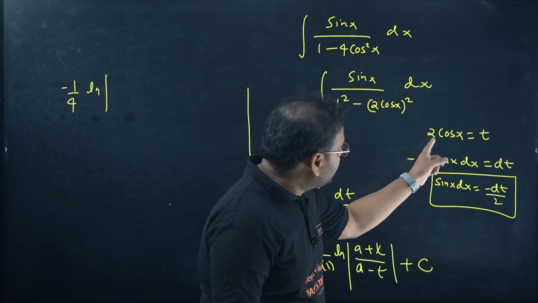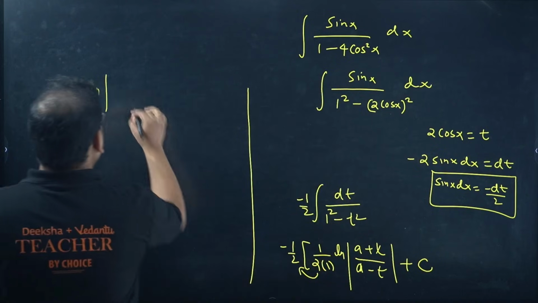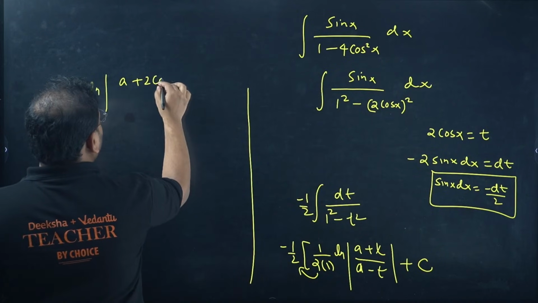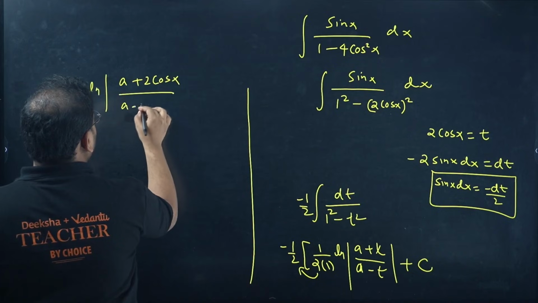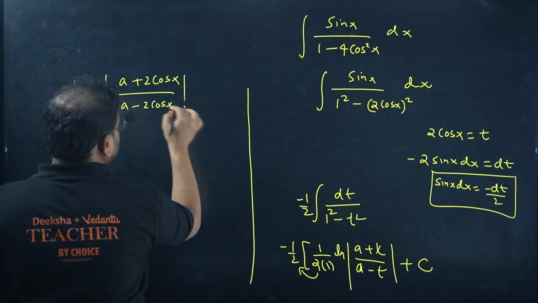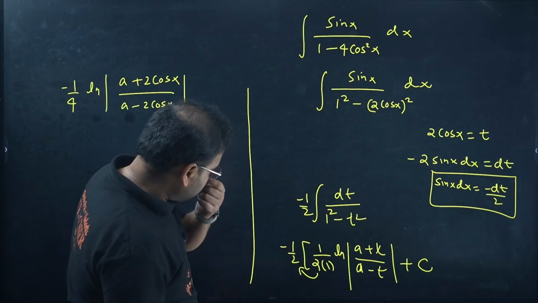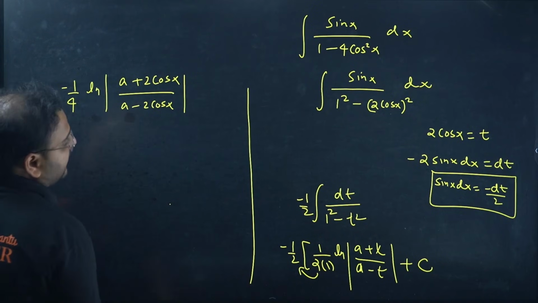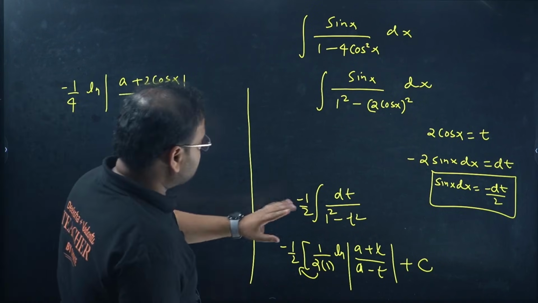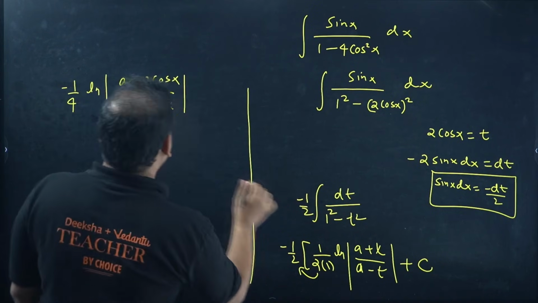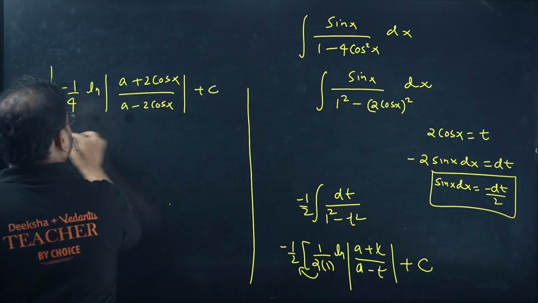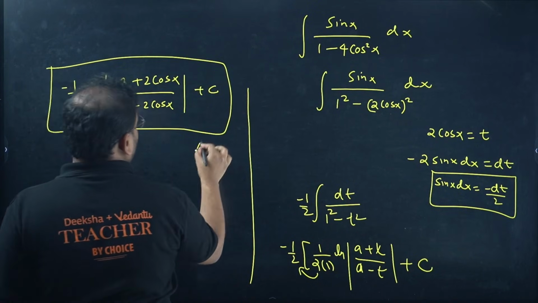The t value is what? 2 cos x. So a plus 2 cos x and a minus 2 cos x. Correct? Yes, and plus c. That's your answer.